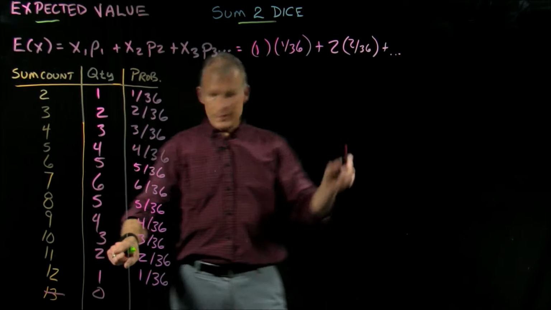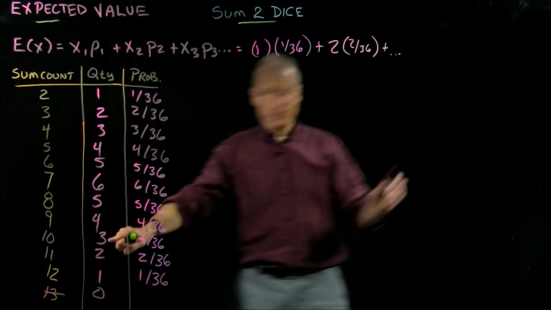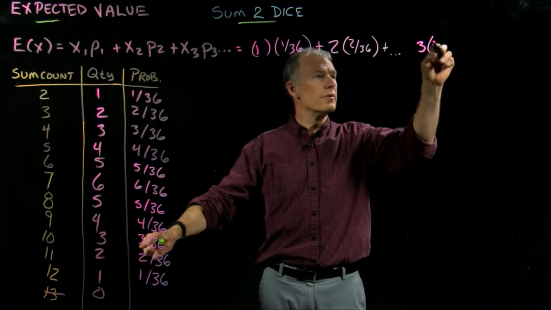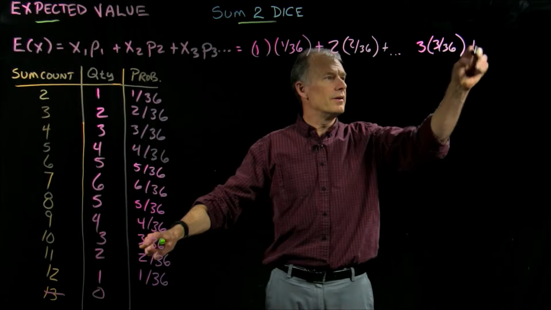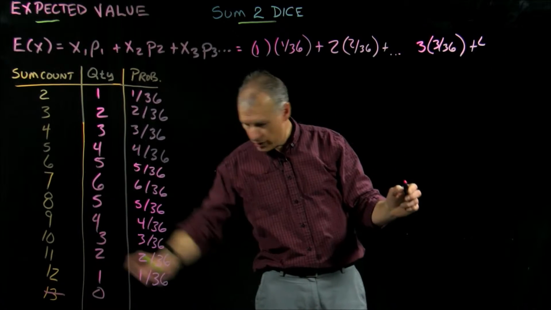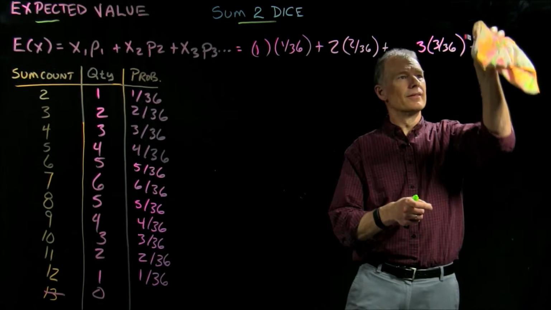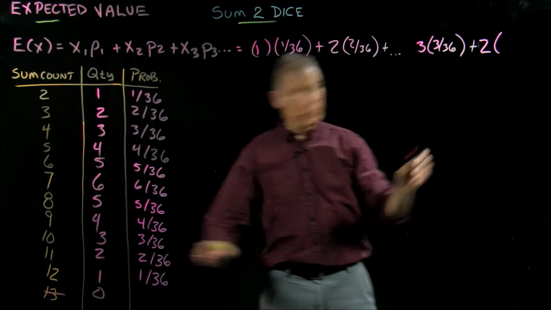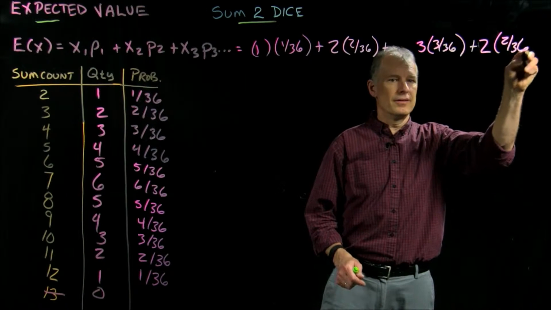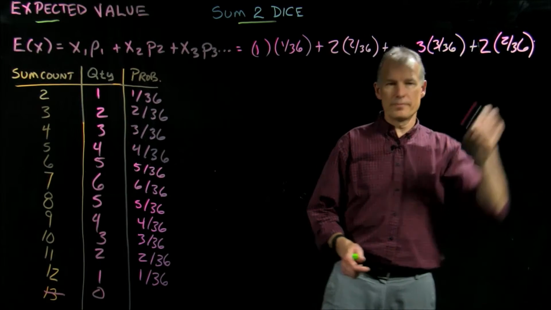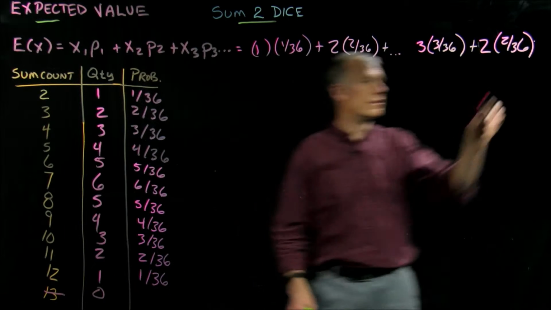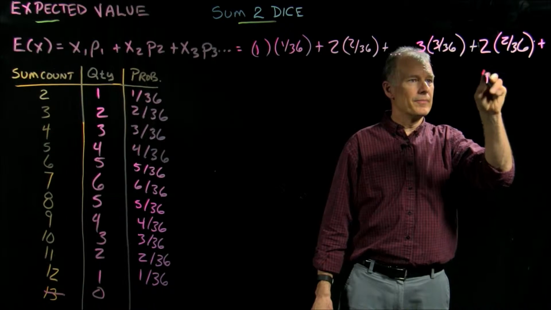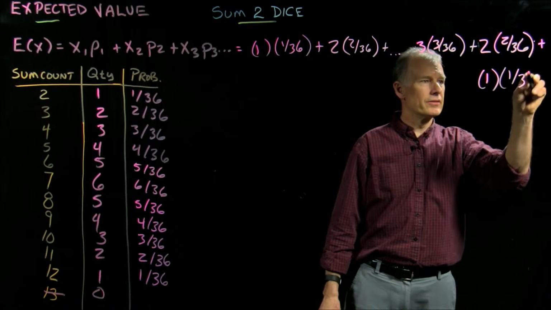So let me jump down here to maybe number 10, where we'd have 3 times 3 out of 36 plus 2 times 2 out of 36. I'm going to run out of room. Plus 1 times 1 out of 36.